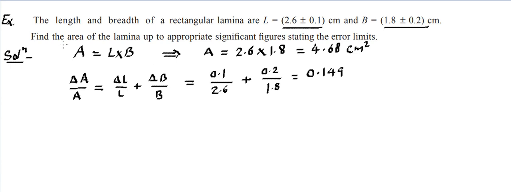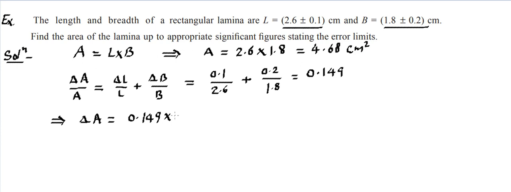But here it is asking about area. That means we need to further simplify it to find the value of delta A. So delta A is going to be equal to 0.149 into A. That means we need to multiply by the value of A. And what is the value of A? We have already calculated it.